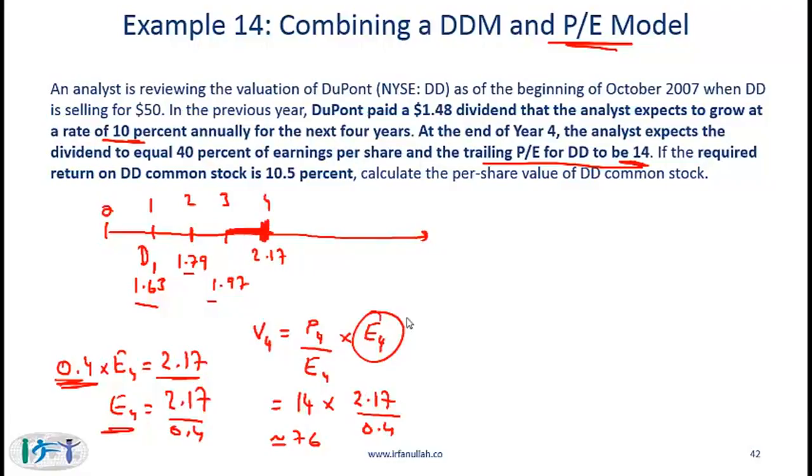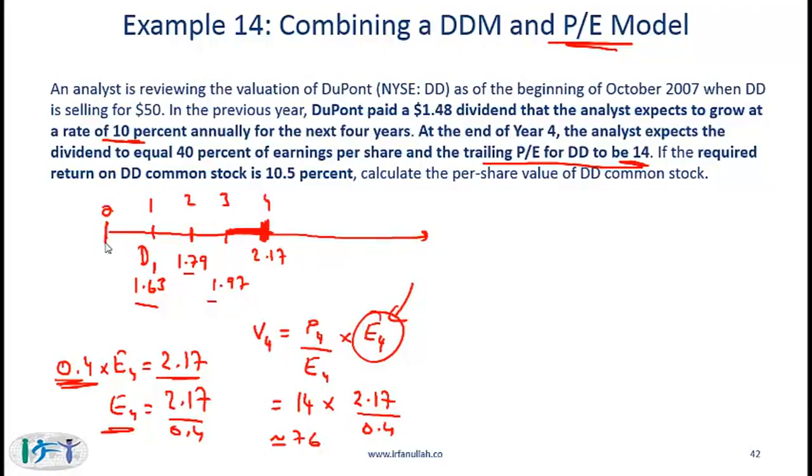And you plug that over here. The value at the end of period 4, which is our estimate for the price at the end of year 4, is the trailing PE ratio of 14, multiplied by the earnings for period 4, 2.17 over 0.4, and when you solve, you will get approximately 76.